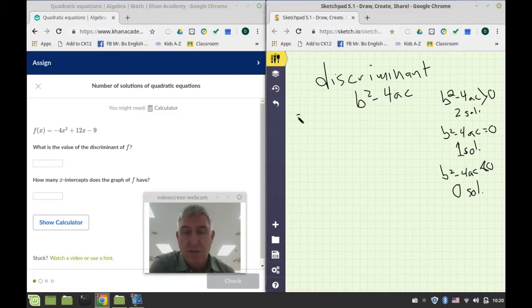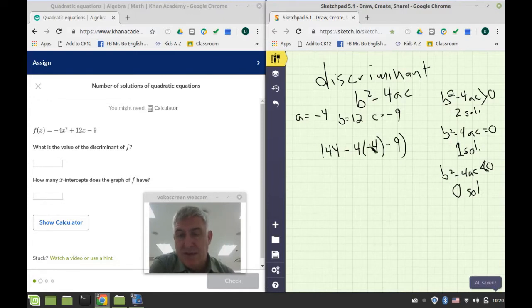So a is equal to -4, and b is equal to 12, and c is equal to -9. Okay, and b squared, 144, is 12 squared, minus 4 times -4 times -9.